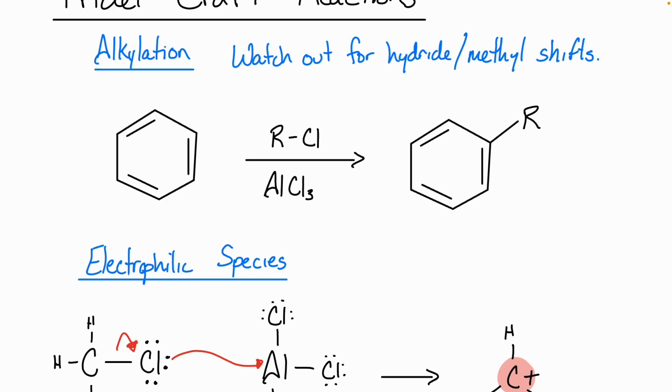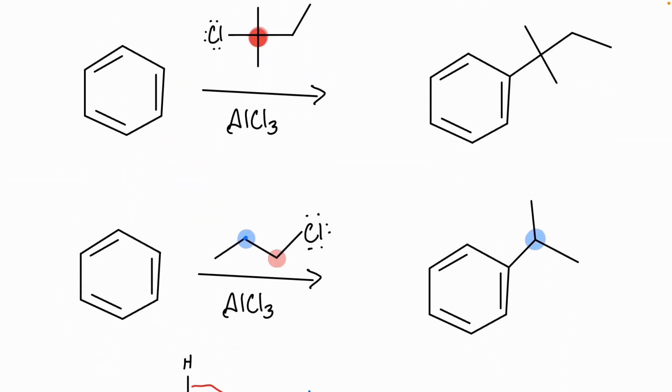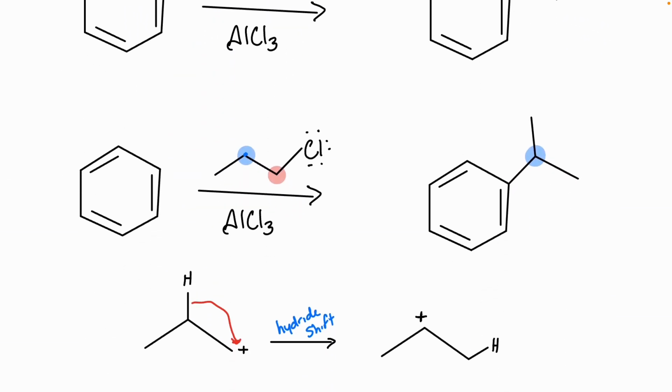Okay, so let's say that I really wanted to get this primary carbon attached to my ring. I'm not going to use this Friedel-Crafts alkylation reaction because I'm going to see a hydride shift. So we're going to have a different method here. Let's introduce the last of these Friedel-Crafts reactions. These are what are called acylation reactions.